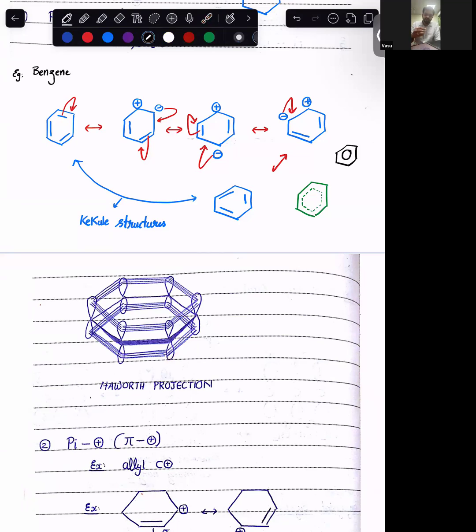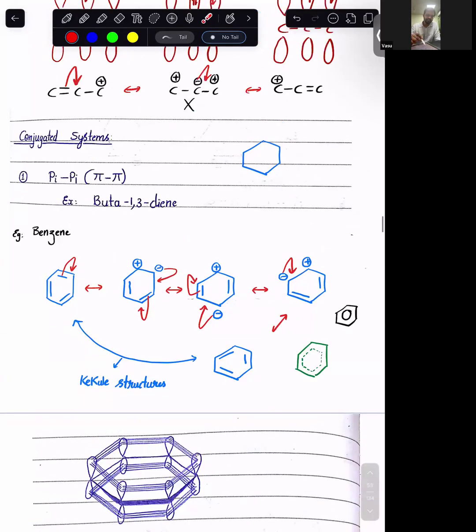So you have one ring above and one ring below. Agreed? Because a p orbital or a pi electron density will be present above and below the internuclear axis, right? So you have these things combining among themselves, and you have one circular cloud here, one circular cloud here. Fine, everyone? Okay. This is the first conjugated system, pi alternate pi.